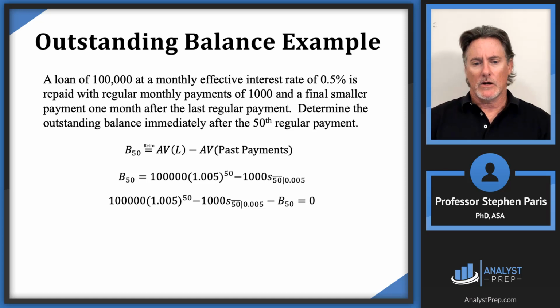I don't want to move that term to the other side of the equal sign, because then the 1,000 would have a plus in front of it and I'd have to put the payment in as a plus. So I get to the standard equation by subtracting B50 from both sides. That's one of 2 standard equations.